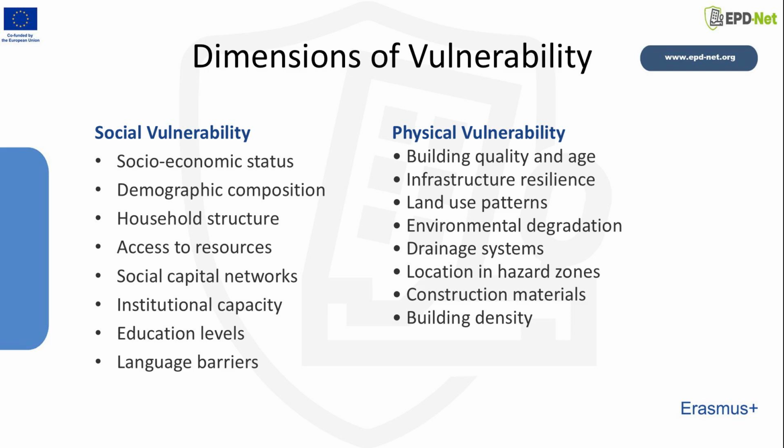Populations characterized by limited financial resources, elderly individuals, children, persons with disabilities, ethnic minorities, and recent immigrants frequently exhibit heightened social vulnerability due to constrained access to information, resources, and participation in decision-making processes.